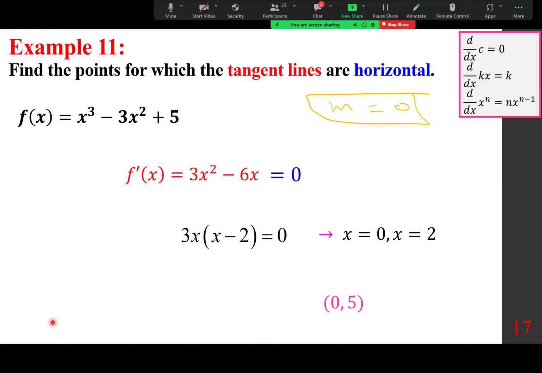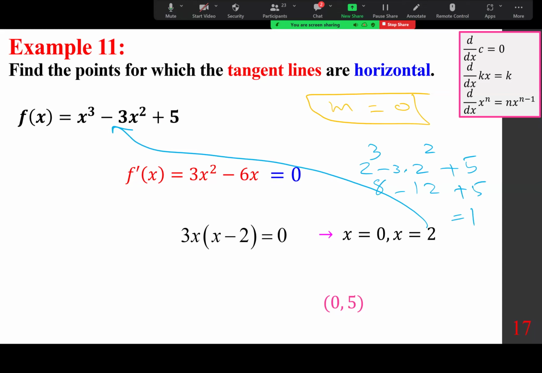If you plug in 2, you get 2 cubed minus 3 times 2 squared plus 5, which is 8, minus 2 squared is 4 times 3, 12, plus 5, which is 1. That means 2, comma, 1.